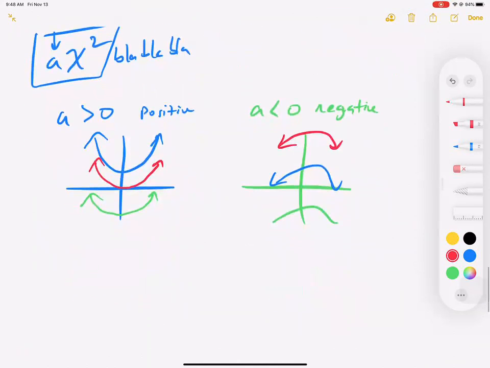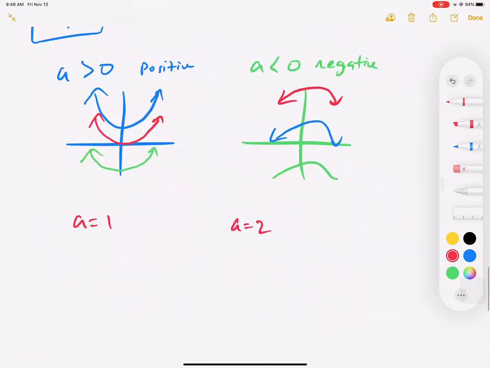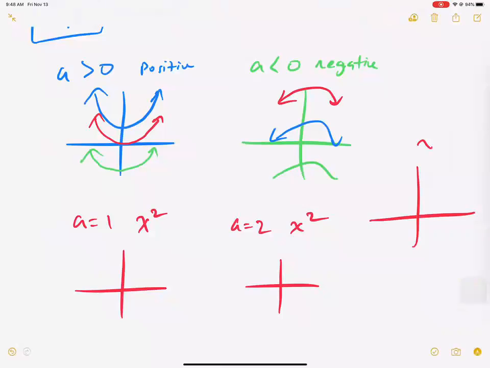If you try to compare two graphs, here's another cheap trick. What if a was 1 versus a was 2? Remember, these are x squared graphs, and for x squared graphs we have a pattern. Let me draw the pattern here. What's 0 squared? 0 squared is 0. 1 squared is 1, so 1 step over, 1 step up.